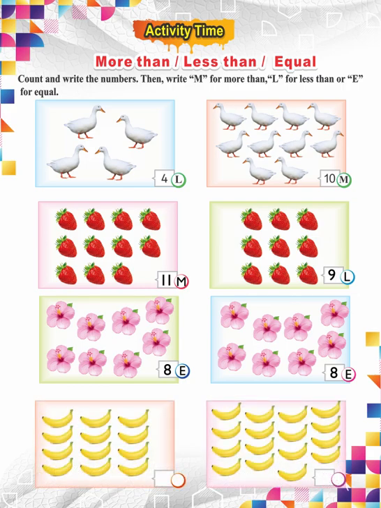In the fourth row, there are 1, 2, 3, 4, 5, 6, 7, 8, 9, 10, 11, 12 bananas in the left box, while there are 1, 2, 3, 4, 5, 6, 7, 8, 9, 10, 11, 12, 13, 14, 15, 16 bananas in the right box.